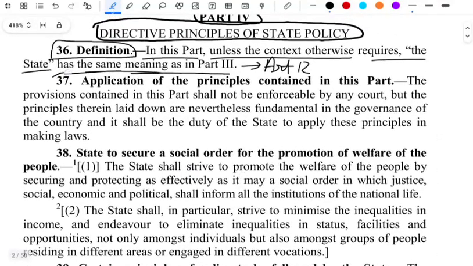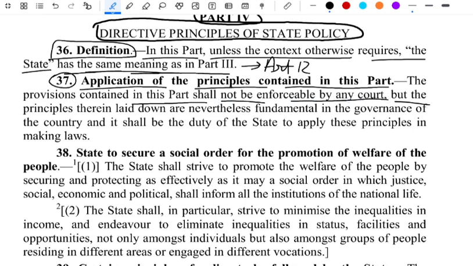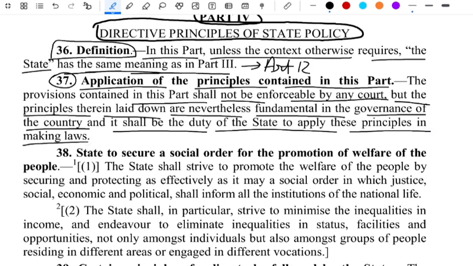So next is Article 37, that is the application of the principles contained in this part. The provisions contained in this part shall not be enforced by any court, but the principles therein laid down are nevertheless fundamental in the governance of the country, and it shall be the duty of the State to apply these principles in making laws.